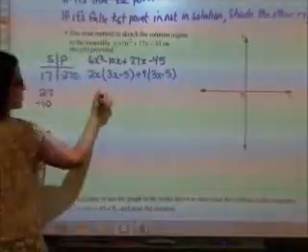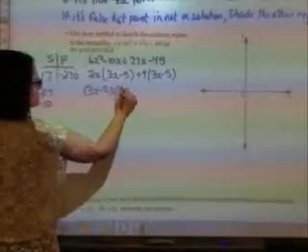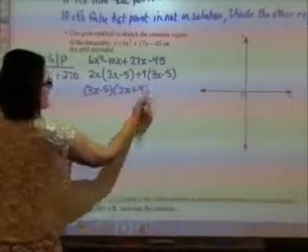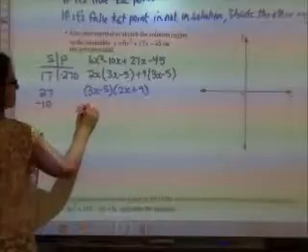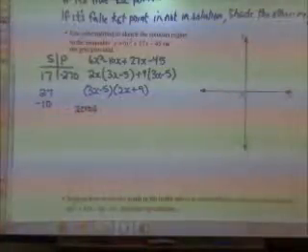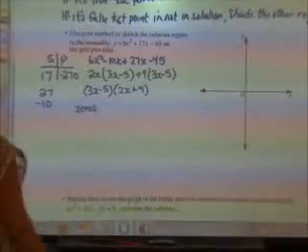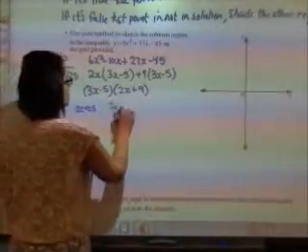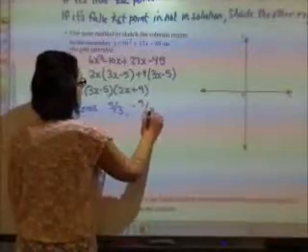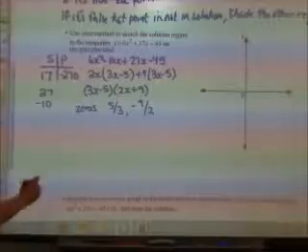Yes. So then I'm left with 3x minus 5 times 2x plus 9. So then what are my zeros? 5/3 and negative 9/2. Good. Okay. And then what is my y-intercept?